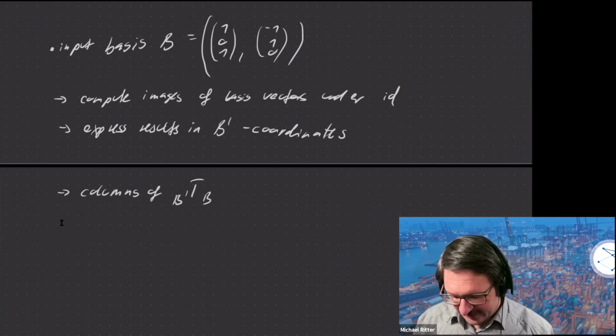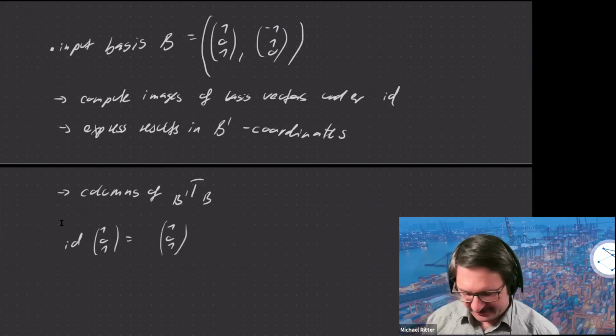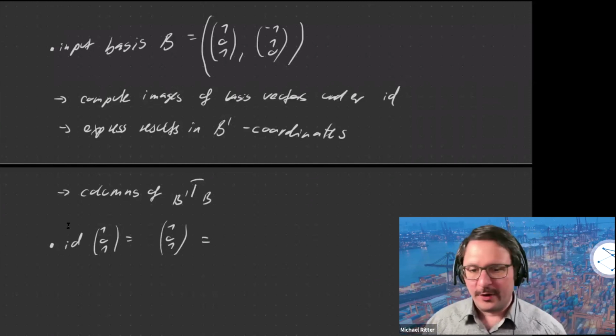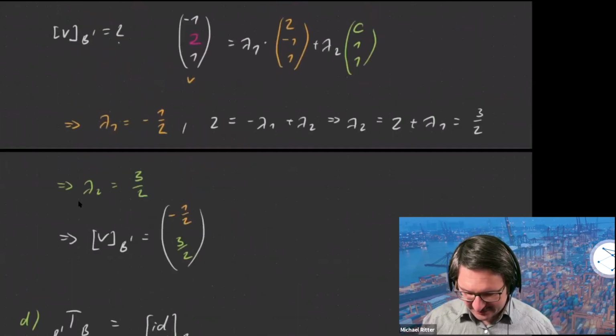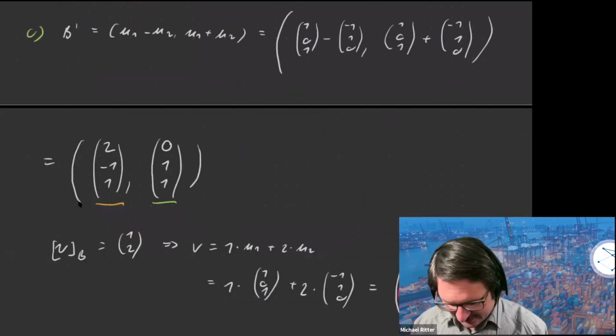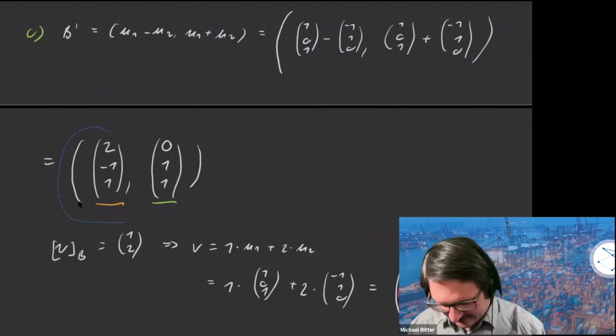So we need to start with the identity of 1 0 1. Well, that is, of course, 1 0 1. So that's the easy part here. And then we express that in B prime coordinates. Again, B prime, let's see, we computed that somewhere. Yeah, here's B prime. Let's maybe copy that.